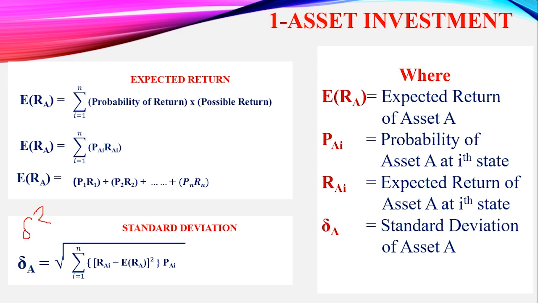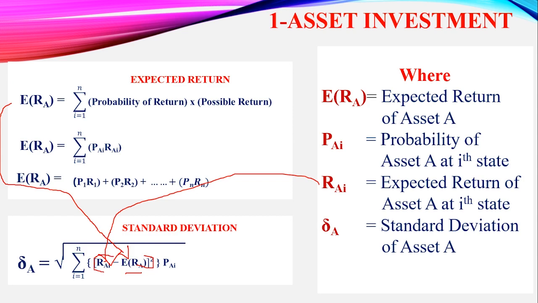So the standard deviation of A is given by the square root of the sum of all the RAI minus the expected return of A. This means that you must get the expected return of A first for you to be able to get the standard deviation, because for every state RAI, you subtract the expected return, and you square that.